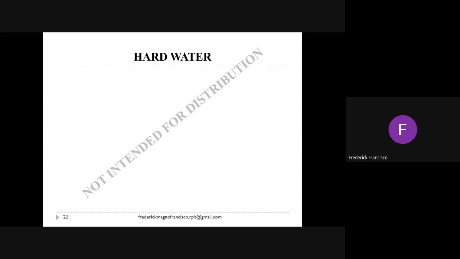Limestone and dolomite, which are widespread on Earth's surface, often enter the water supply. Calcium carbonate is insoluble in water. However, in the presence of dissolved carbon dioxide from the atmosphere, calcium carbonate is converted to soluble calcium bicarbonate.